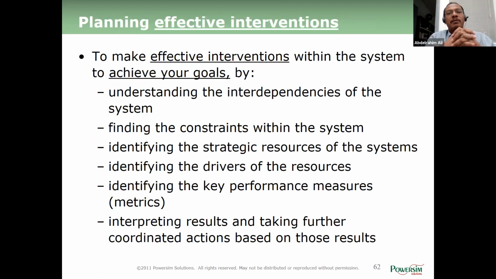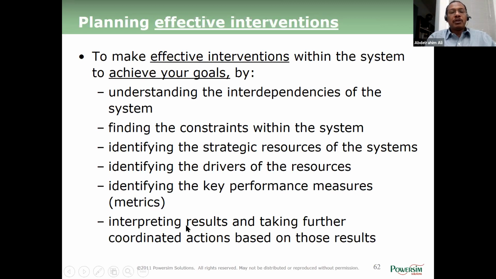For example, here's the plan for the effective interventions. Why? Because you have a better understanding of the interdependencies of the system. Also, you will be forced to think about the constraints in the system, about the strategic resources that you have and the drivers of these resources, and about performance measurement, because you need metrics to measure the outcomes.